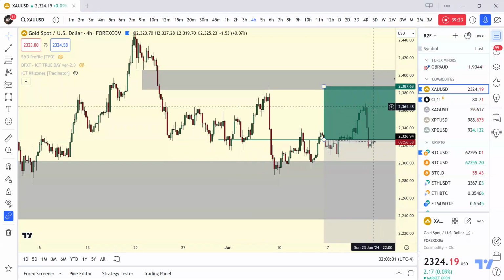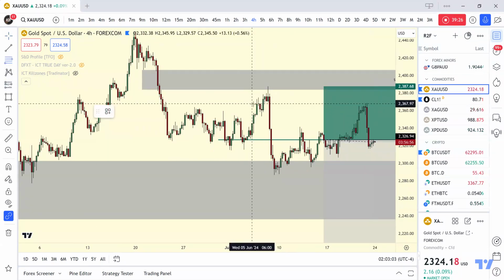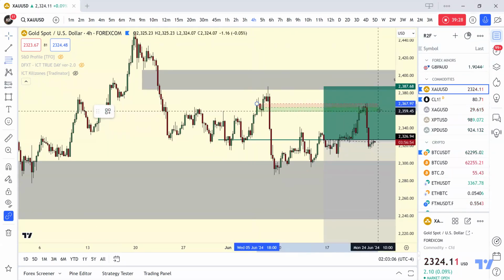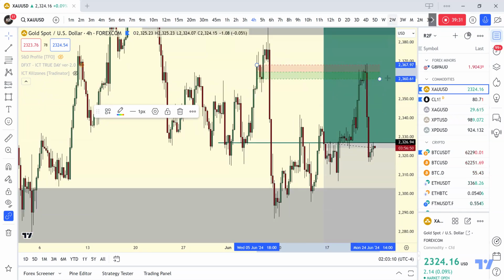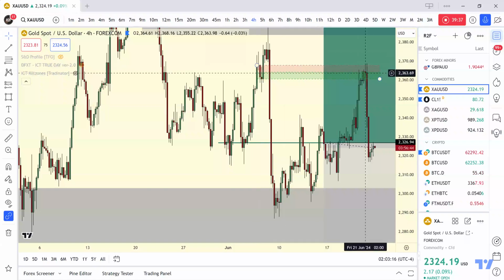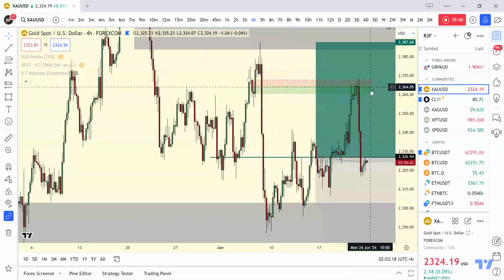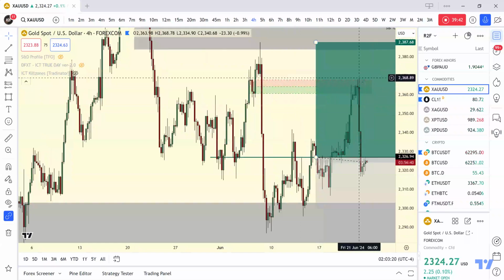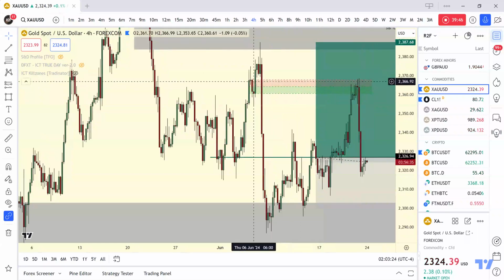Look at the bodies respecting this breaker quite nicely. Look at the bodies of this breaker, and look at the candles that come into it. It's respecting it rather well, although they get a little bit higher spikes in the wicks, filling in this inversion gap and just filling it more.